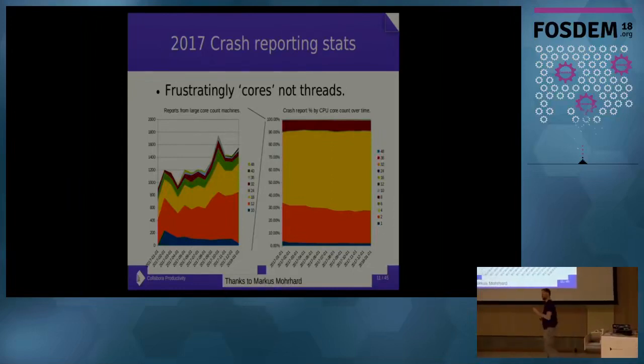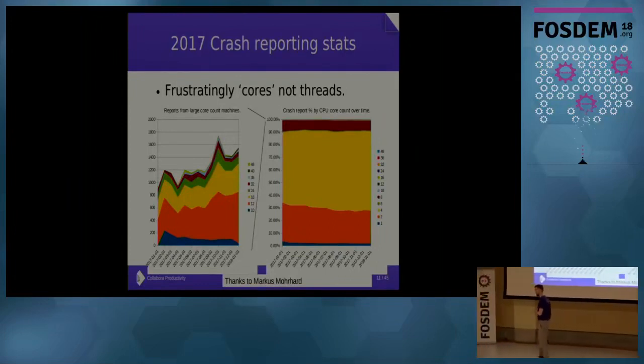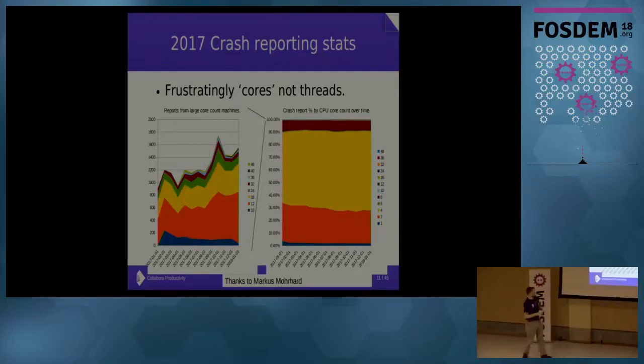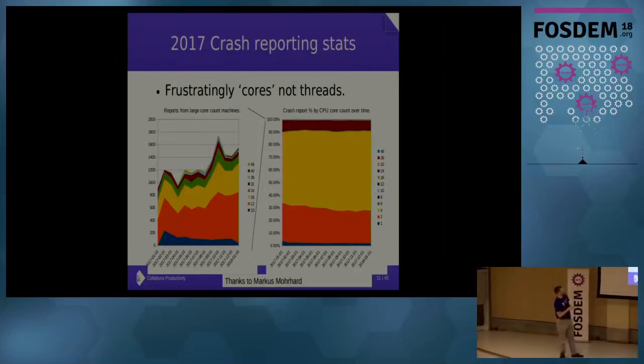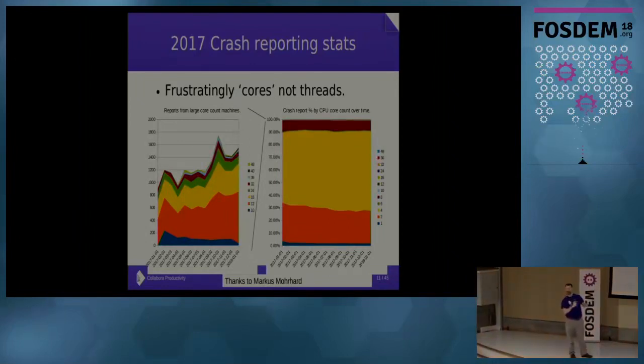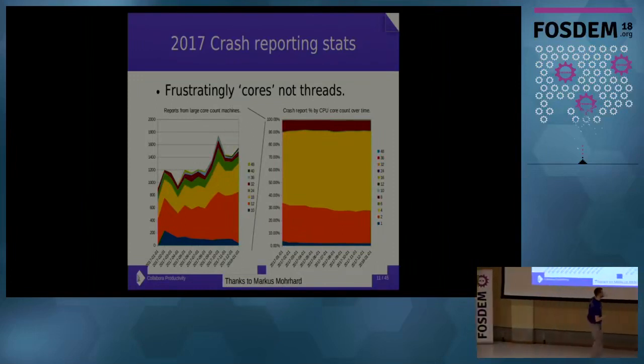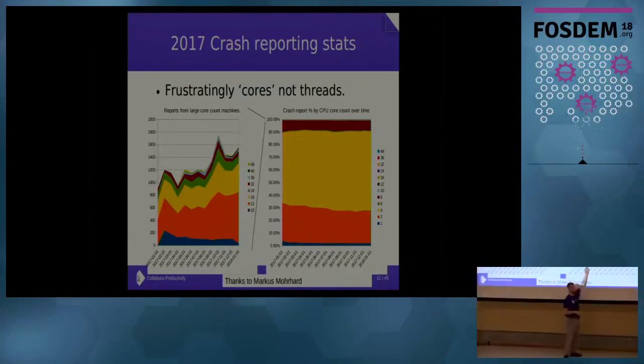We also have a wonderful thing in recent times, which gives us hard numbers: crash reporting statistics. Marcus has produced and produces lovely data. Of the 2 million plus crashes that we analyzed, we're getting more threads. It's real. We need to actually do something about threading, although the gradient is not very quick. This is a year of data. But you can see the one-CPU people, and I don't know where you find a one-core CPU, but there are people that manage to do it at the 3% level.